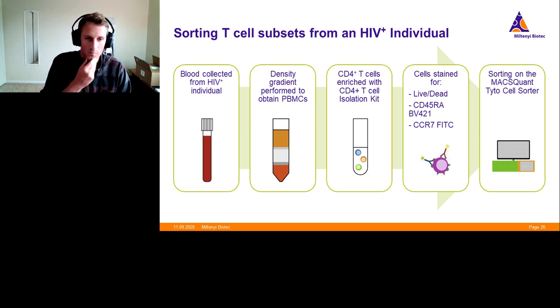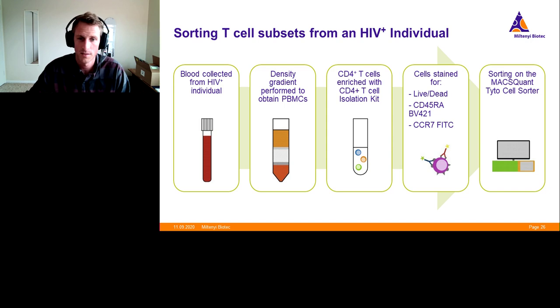And real quickly, their experimental design was getting HIV positive blood from an individual, and this is not fixed material. This is actually HIV positive blood, and they would do a magnetic enrichment for CD4 positive T cells, and then staining for CD45RA and CCR7, and sorting on the MACSQuant Tyto.